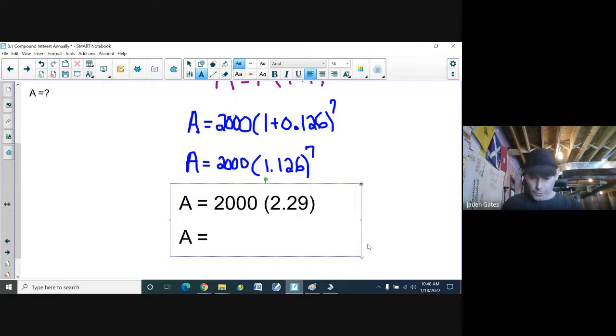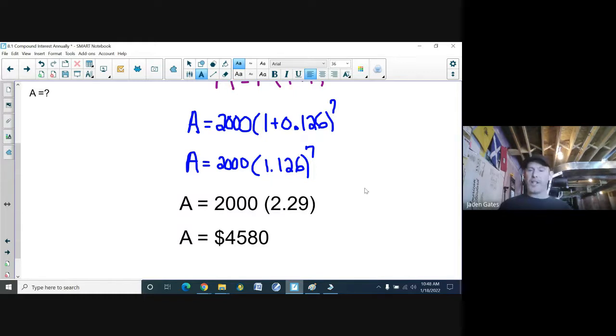So 2,000 times 2.29, we end up with a grand total of $4,580. Another example of investing $2,000 and you actually walk away with more money, double the money that you invested.